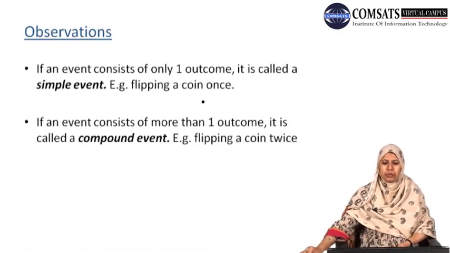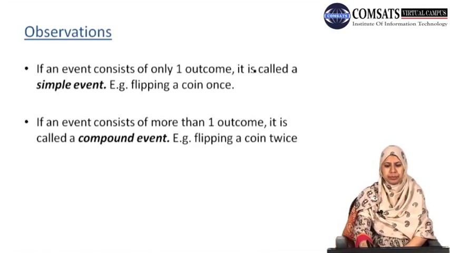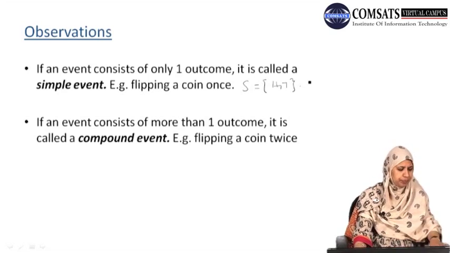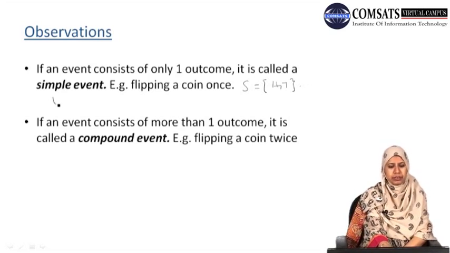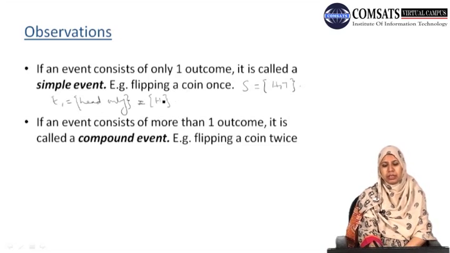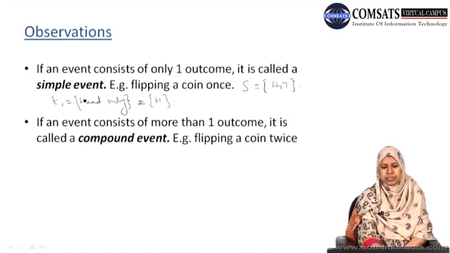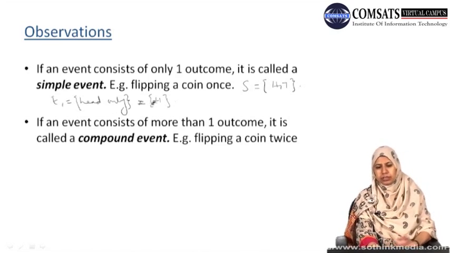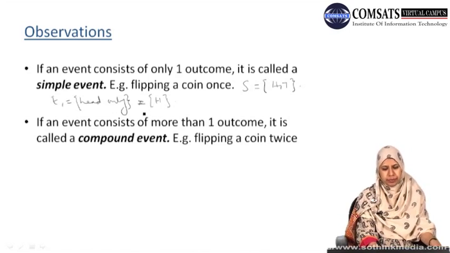For example, flipping a coin once, our sample space is the set of outcomes head and tail, and if we define our event E1 as head only, then this event contains only one outcome, which is head. So these types of events which contain only one outcome are known as simple events.